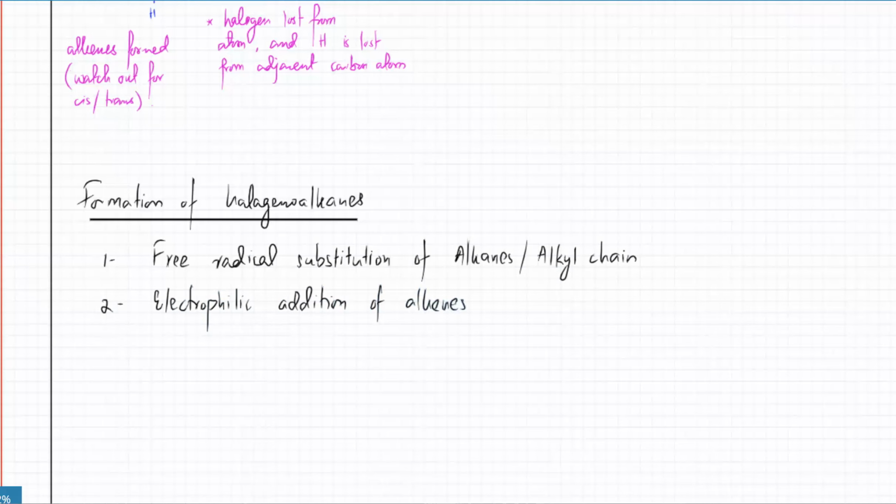And the third one is nucleophilic substitution of alcohols.